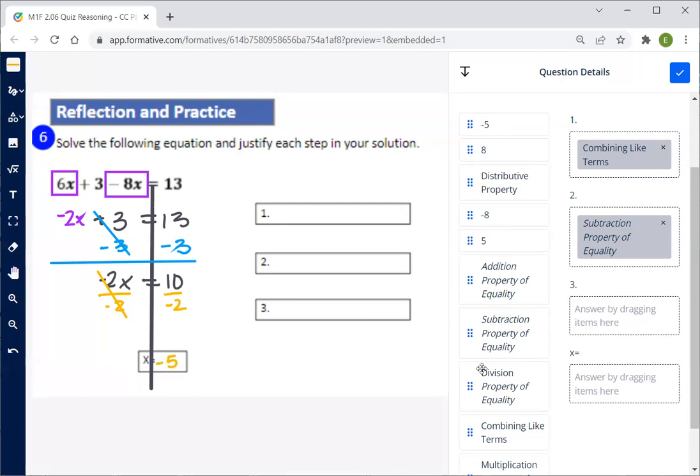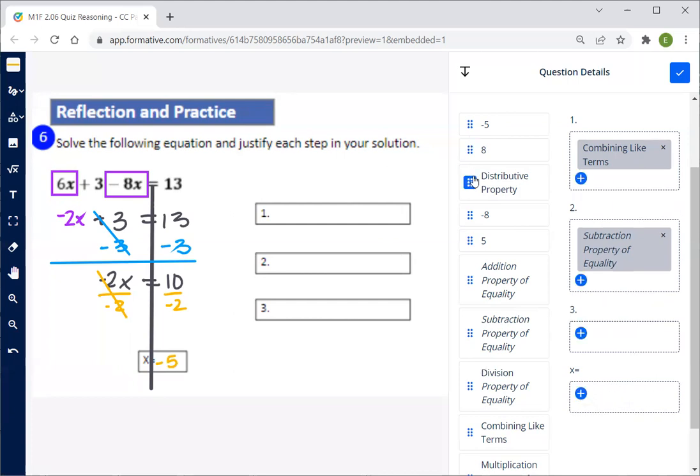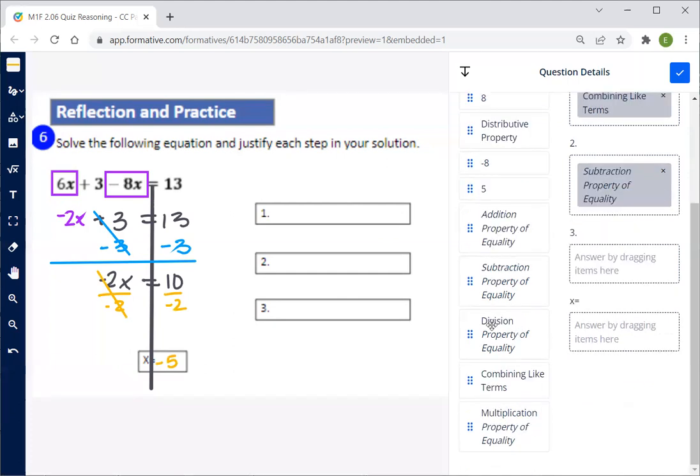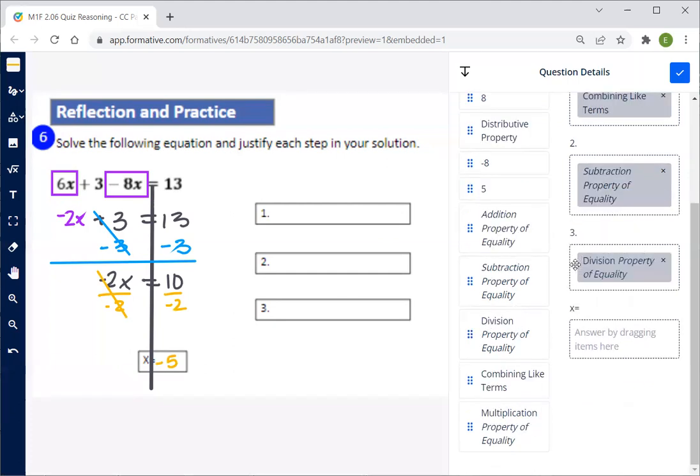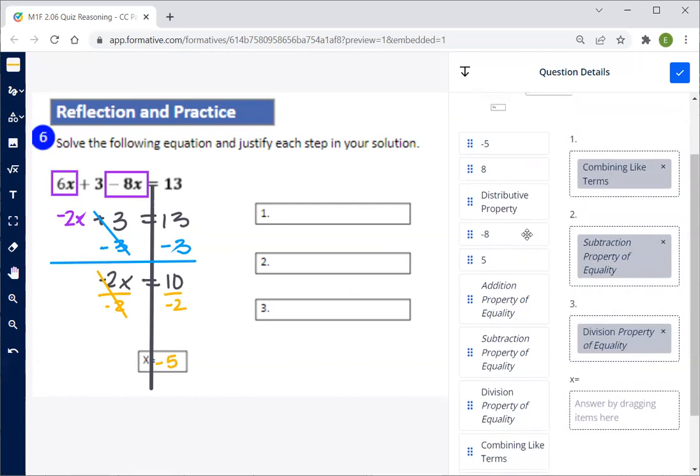And again, I divided on both sides so that is division property of equality. And last but not least, we can see the answer should be -5. Oh, there is a -5 in here. Gotta scroll a little bit. And there's your answers.